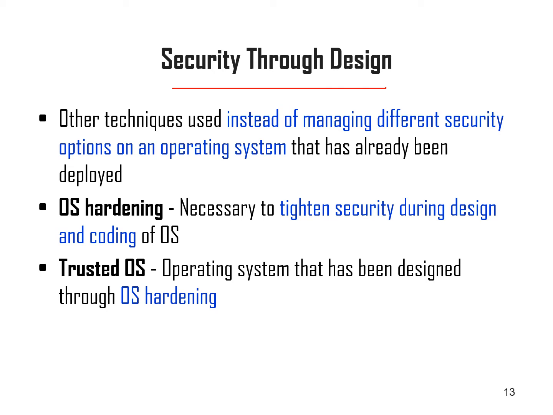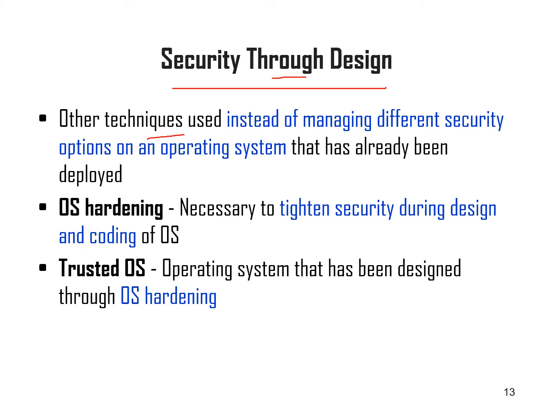So far we have studied a number of steps used for securing operating systems after the operating system has been created and installed on a particular system. Now we are going to see the second approach, which is security through design.